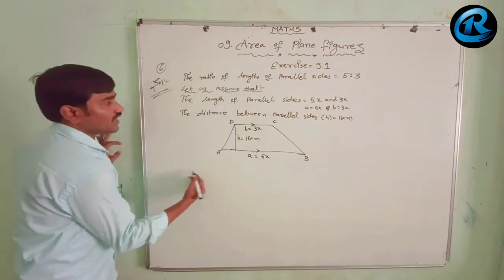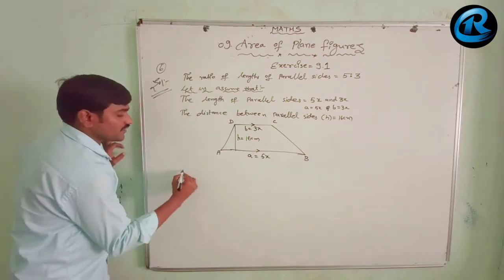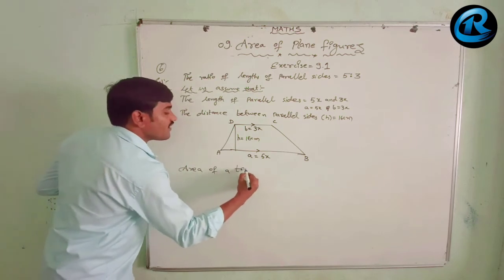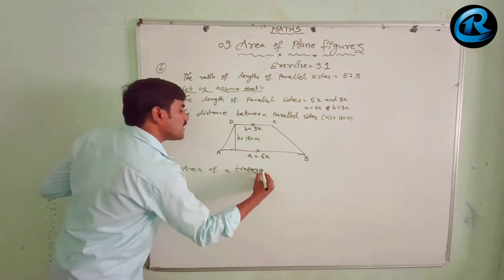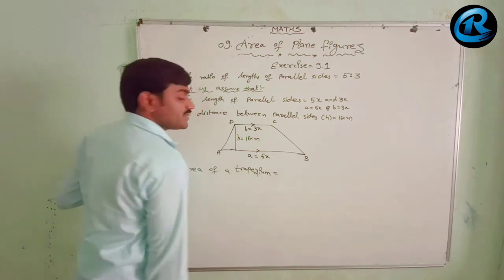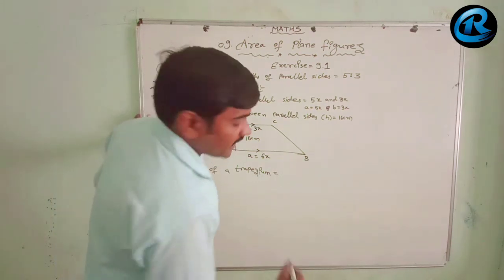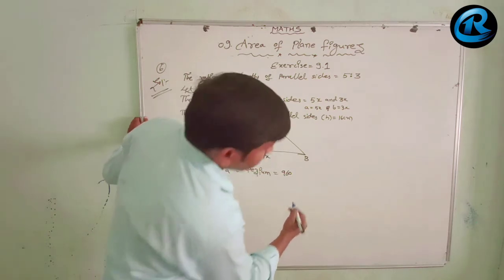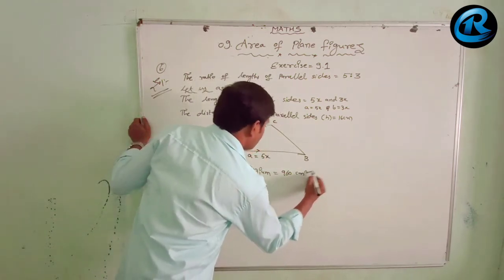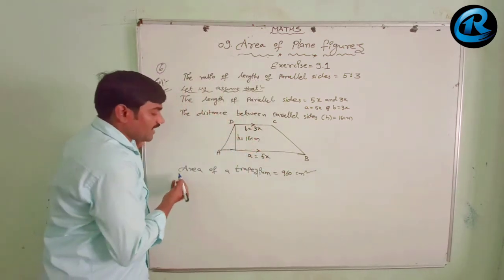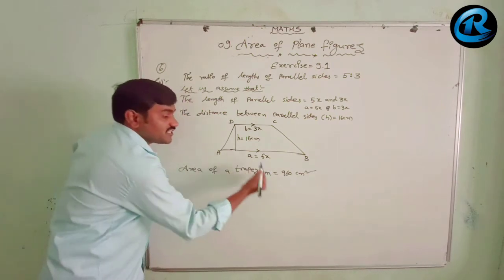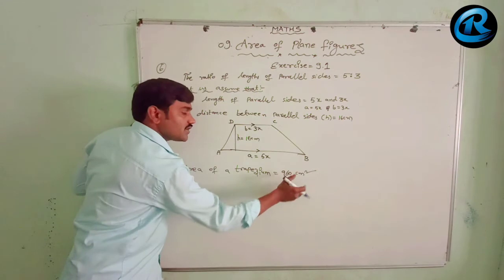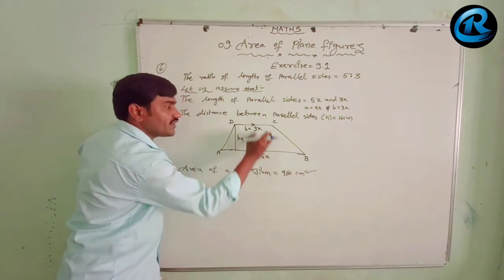And the area of the trapezium is also given, it is 960 centimeter square. But we know the area of trapezium formula. మనకి area of trapezium formula తెలుసు. ఏరియా మొత్తం ఇచ్చేసాడు, but we need to find out these two sides.